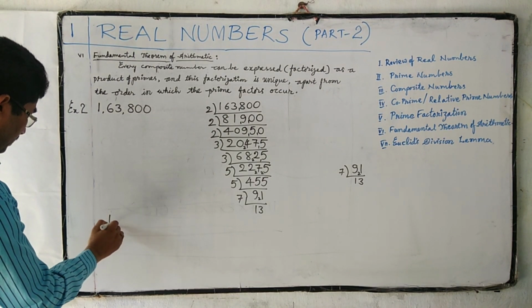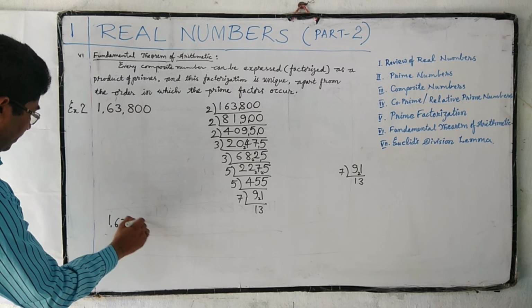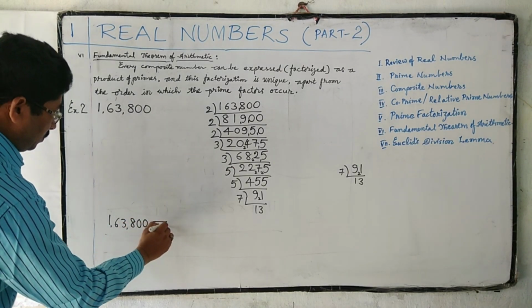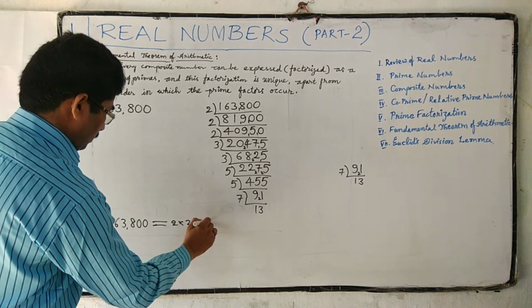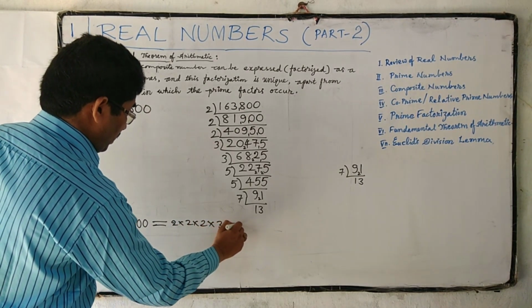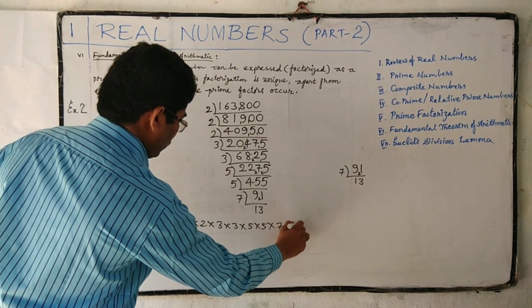So 1,63,800 is equal to 2 into 2 into 2, 3 into 3, 5 into 5, 7 into 13.